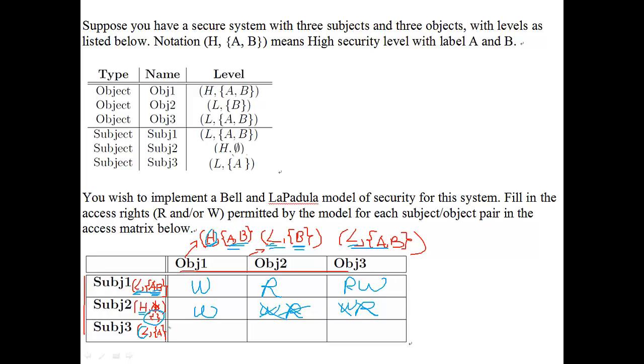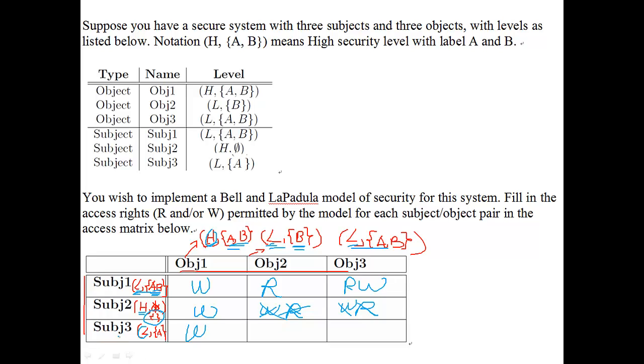But also we need to consider A and B. Because this is A category, it's lower than AB category. Okay? So both L and A category are lower than high level and AB category. So it can only write, but it cannot read.